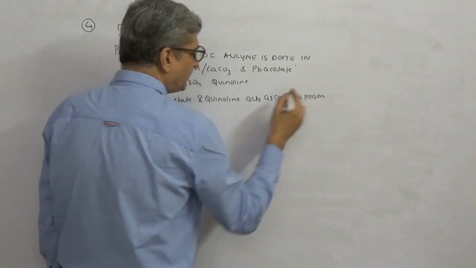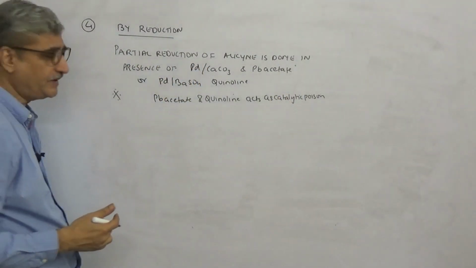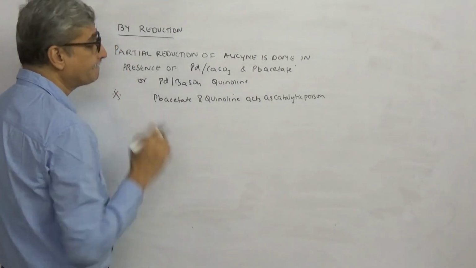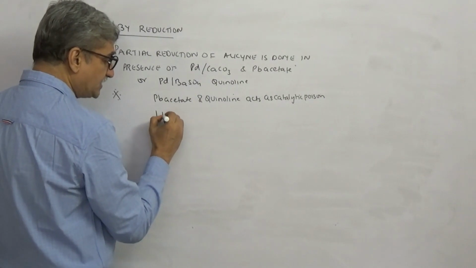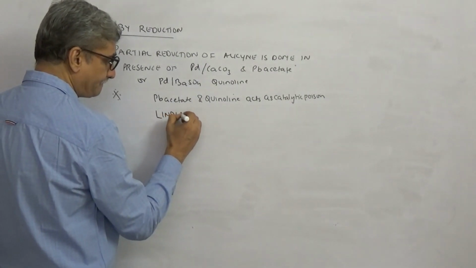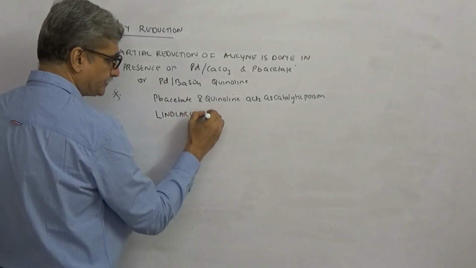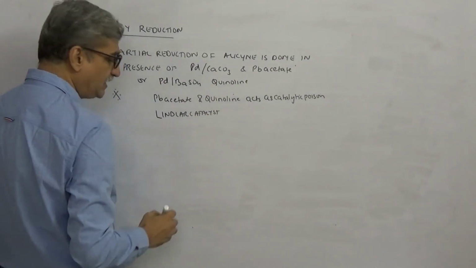So when they act as catalytic poison, they do not allow further reduction to form an alkane. Is this point clear? So this is also called Lindlar catalyst.